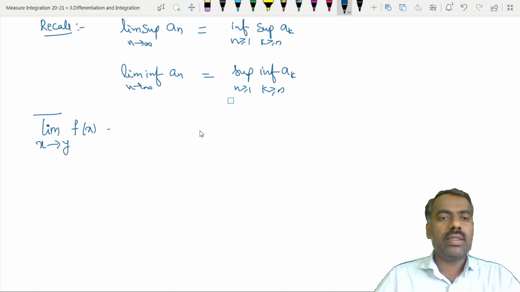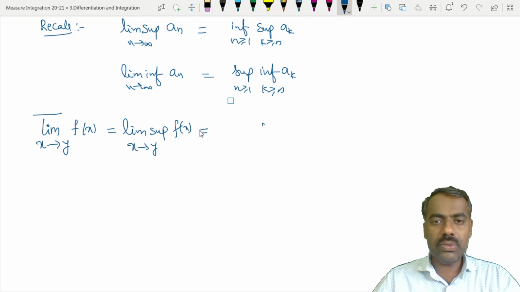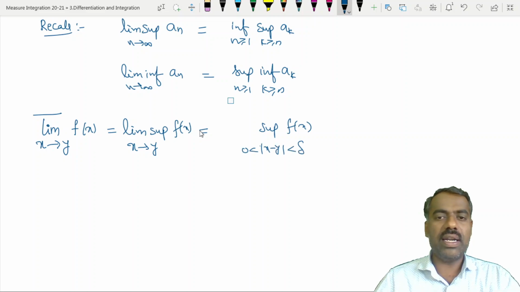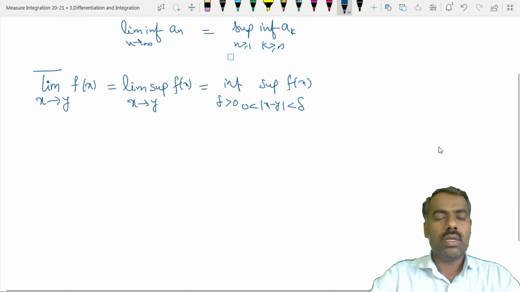This you can also write as lim sup of f of x as x tending to y. This is how we can define it. Similarly, you take the supremum of f of x, where mod x minus y is between 0 and delta, and the infimum among all delta greater than 0, right?